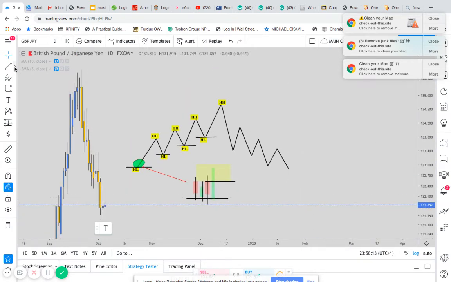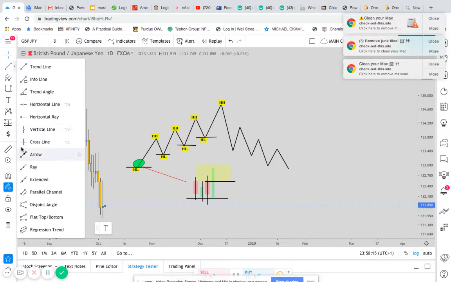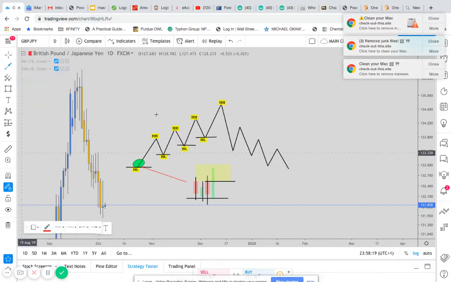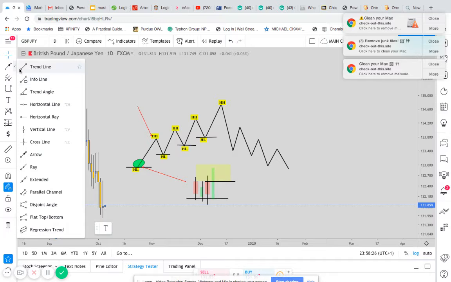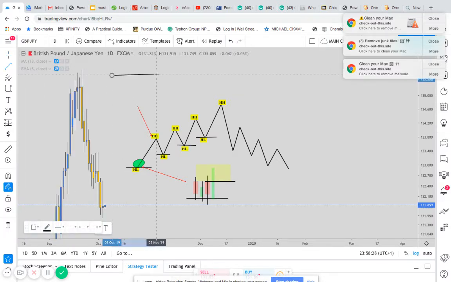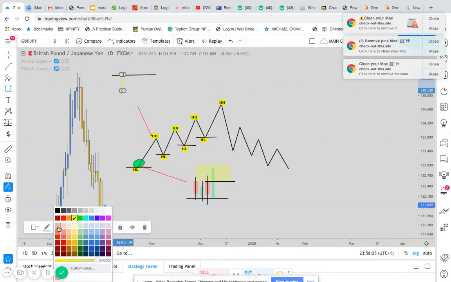Now, how do we know when a high has found its position? We need to see a resistance. A resistance, meaning I need to see bullish candles, right?